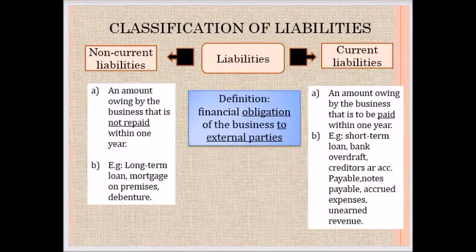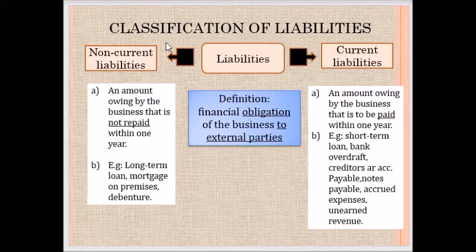So the next account is liability. Liability is a financial obligation of the business to external parties. Simply said, it's a business debt to another entity, usually banks or other businesses. Just like asset, liability is also divided into two categories: current liability and non-current liability.